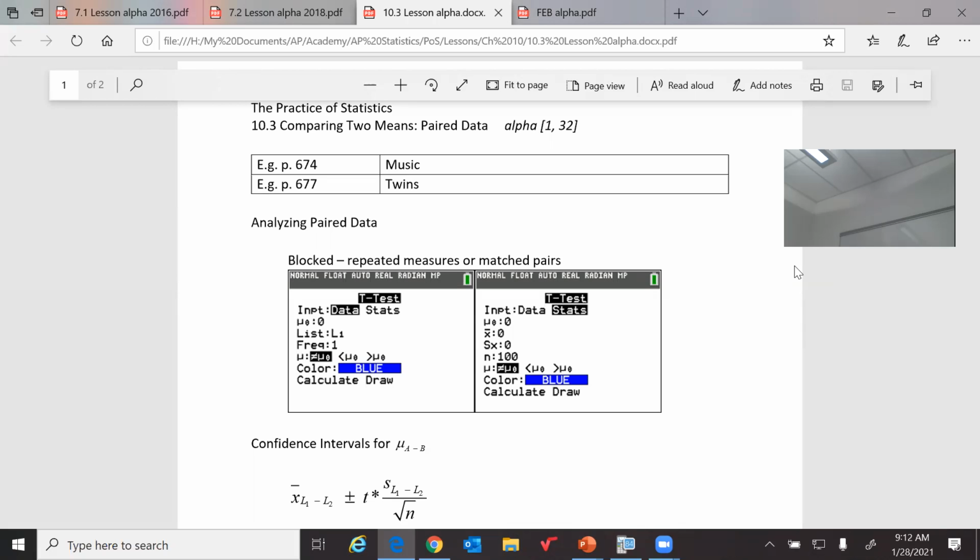And what are we testing? We either have the data or the statistics. But the null is that it's 0. The null is that list 1, list 2, the difference between the two, would be 0, that there's no difference. Okay? And then this was on the PowerPoint.